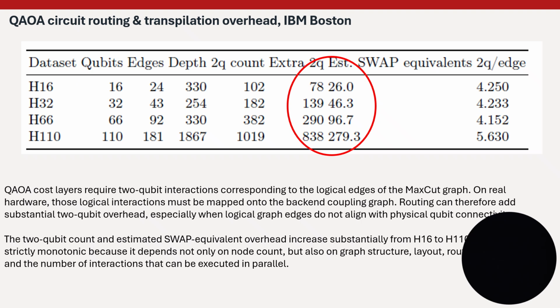The 2 qubit count and the estimated swap equivalents, which are highlighted here, increase substantially as we go from a 16 qubit to a 110 qubit system. And we note that the growth is not strictly monotonic because it depends on a number of factors, including graph structure, layout, and number of interconnections that we can execute in parallel.